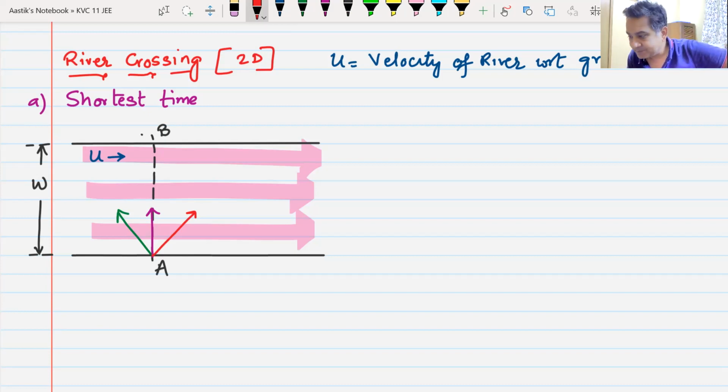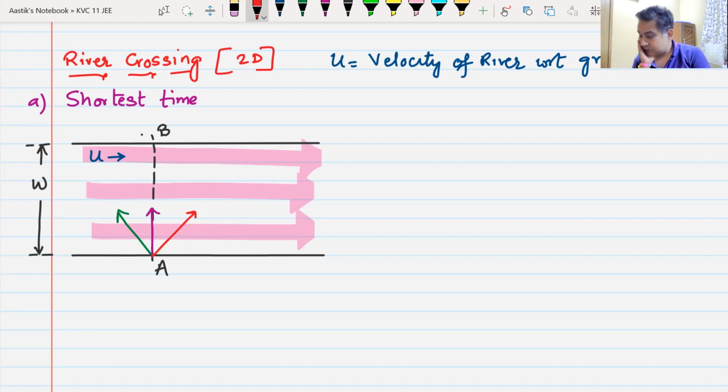Should he swim along the green direction, like this, backwards? Should he swim perpendicular to the river, or should he swim at an acute angle with the river flow? Green, maroon, or the red one?